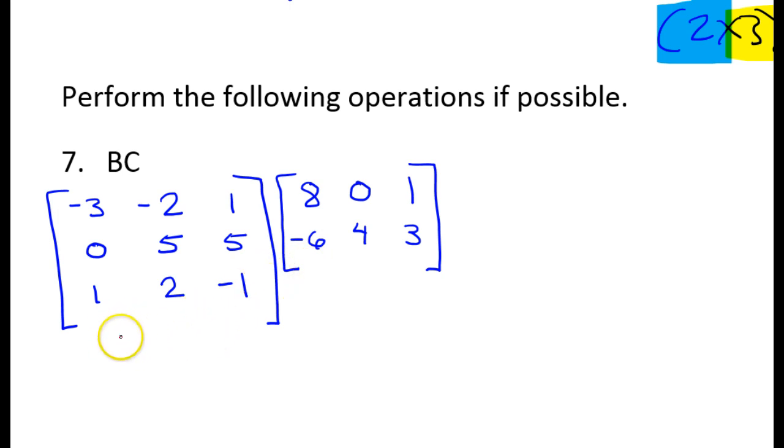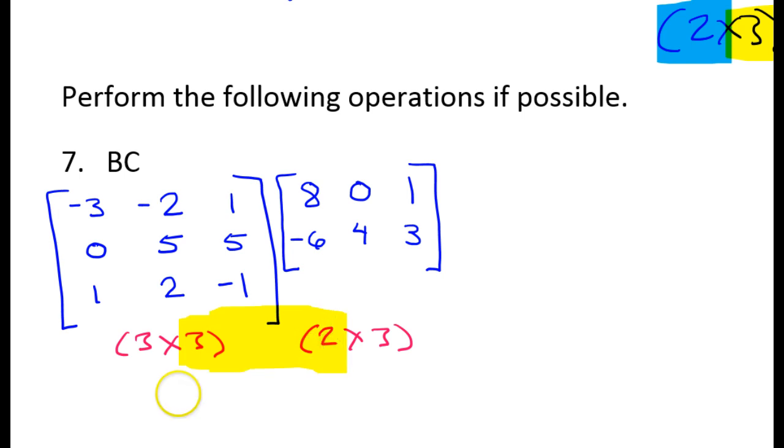So matrix B, again, is a 3 by 3 matrix. Matrix C here is a 2 by 3 matrix. The inner dimensions must be the same. So, immediately, this is not possible because the inner dimensions are not the same.